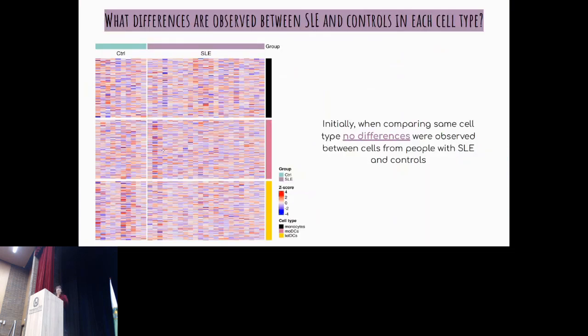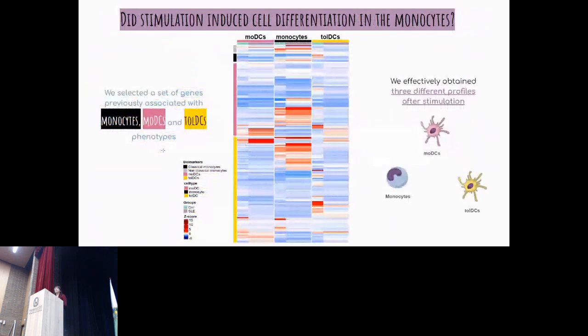So you have seen this heat map. Initially, we didn't see any pattern of differentiation between lupus and controls. So the next question was, did we do the stimulation well?